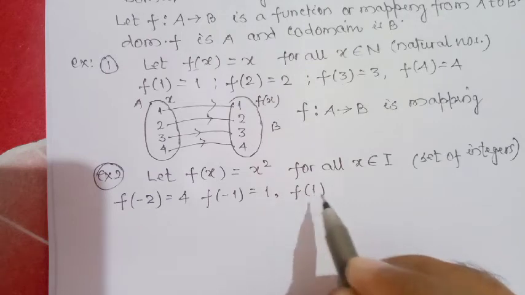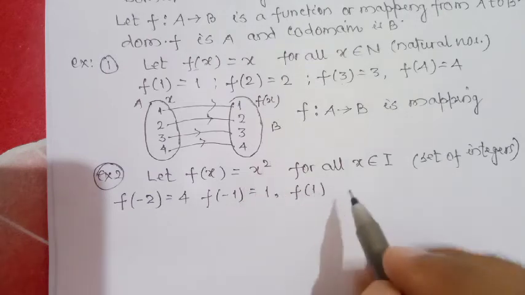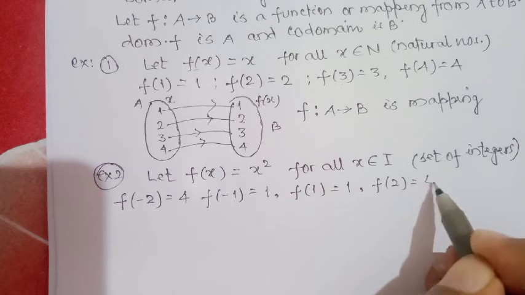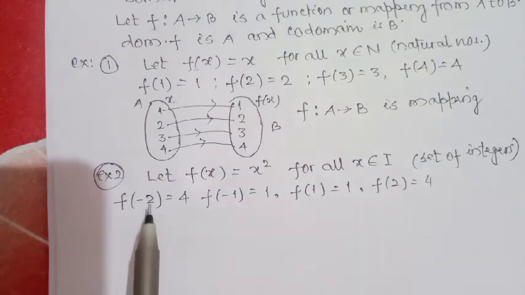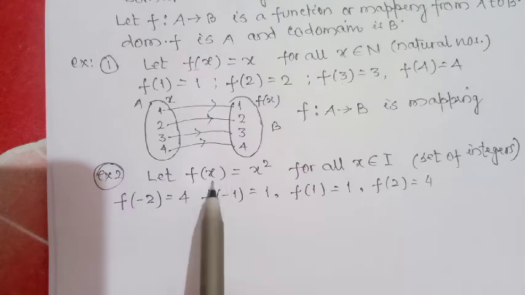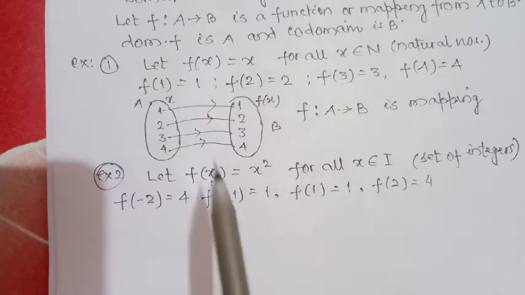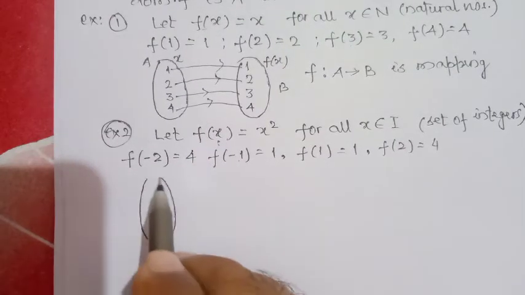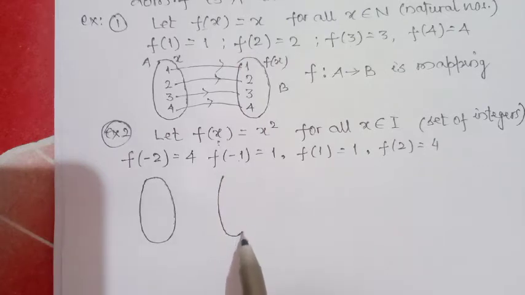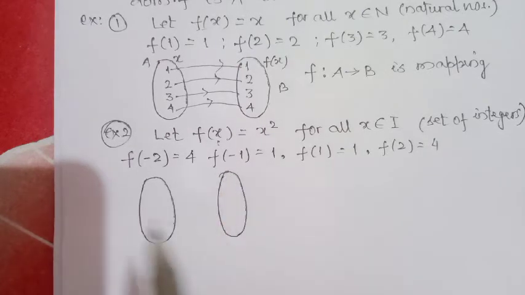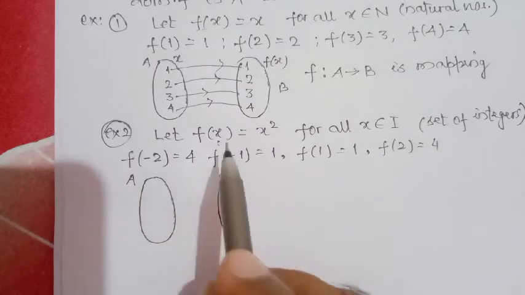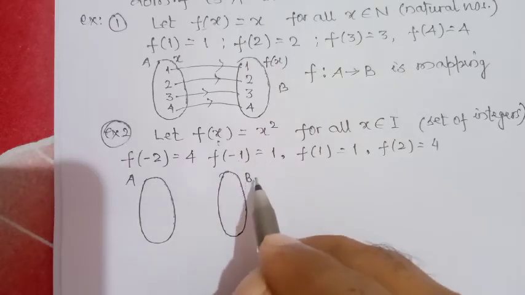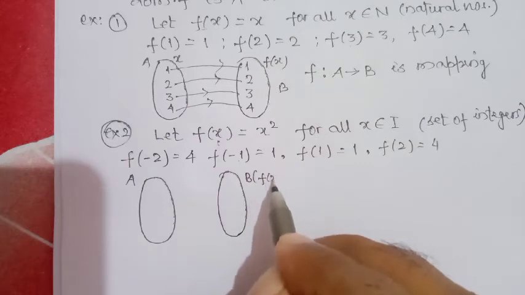f(1) is 1 square, which is 1. And similarly f(2) is equal to 2 square, which is 4. Just like the previous example, you again consider two sets, set A and set B. Set A contains the values of x, and set B contains the values of f(x).